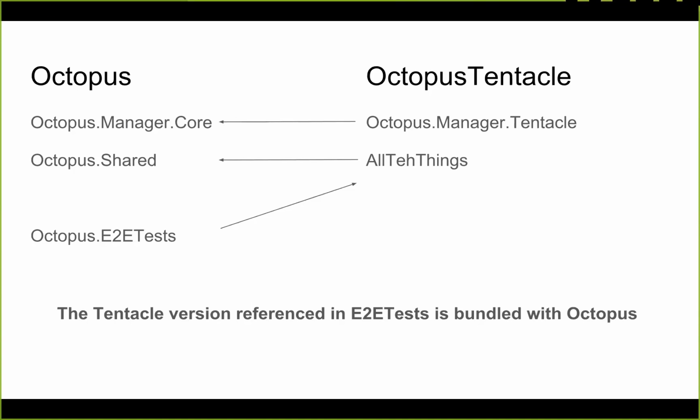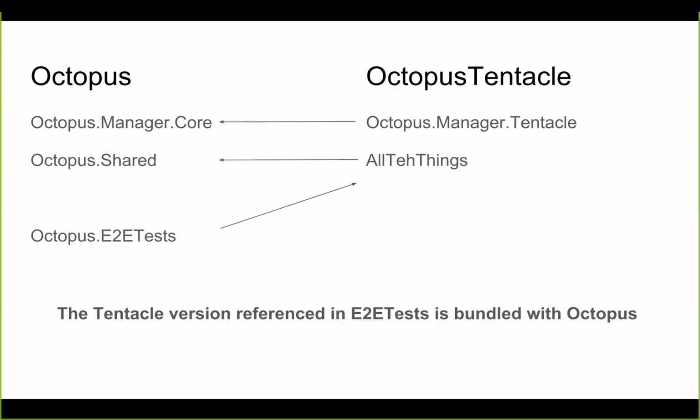So there's a circular dependency there, which really sucks. But the important thing is the Tentacle that is bundled with server and used in the automatic upgrade is the one referenced in the API test. So the version reference there should be the one that you want people to get.